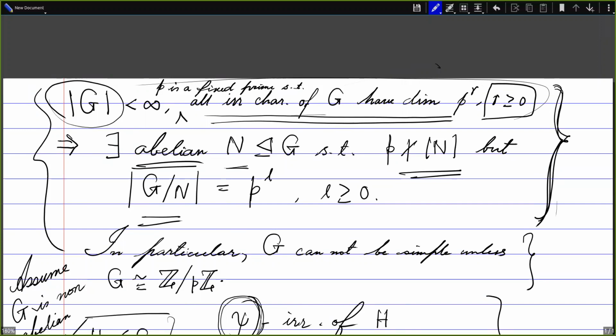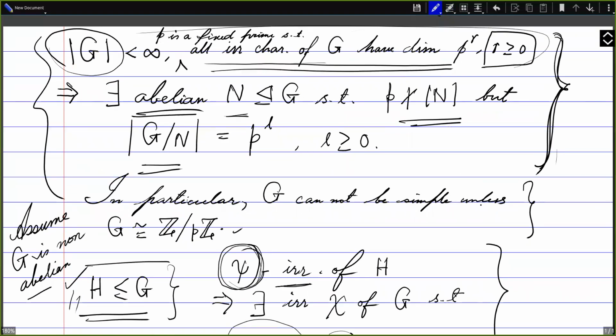We want to show that G cannot be simple, unless G is this. So suppose G is simple. If G is simple, then N, which is a normal subgroup of G, can be either trivial or whole of G. Okay, N can be whole of G. So if N is whole of G, then that means G is abelian. Okay, so we have assumed that G is simple.